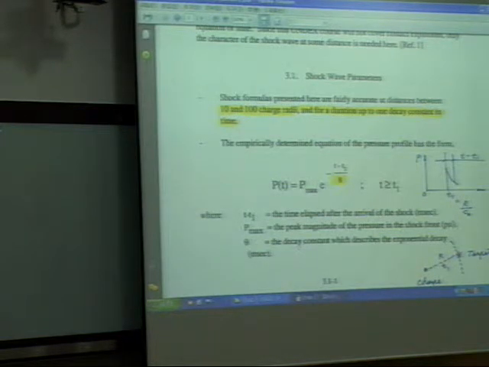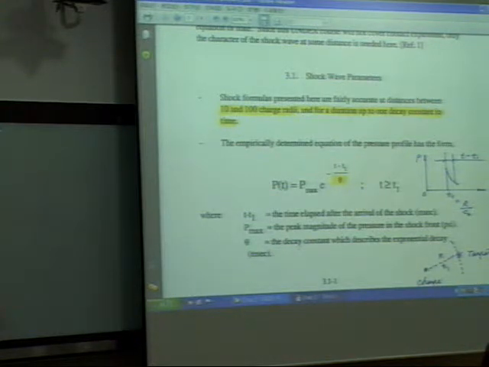Empirical. Based on experiment. By the experiment. All this is done by experiment. Lots of real phenomena you can create by simulation. You cannot create by analysis.